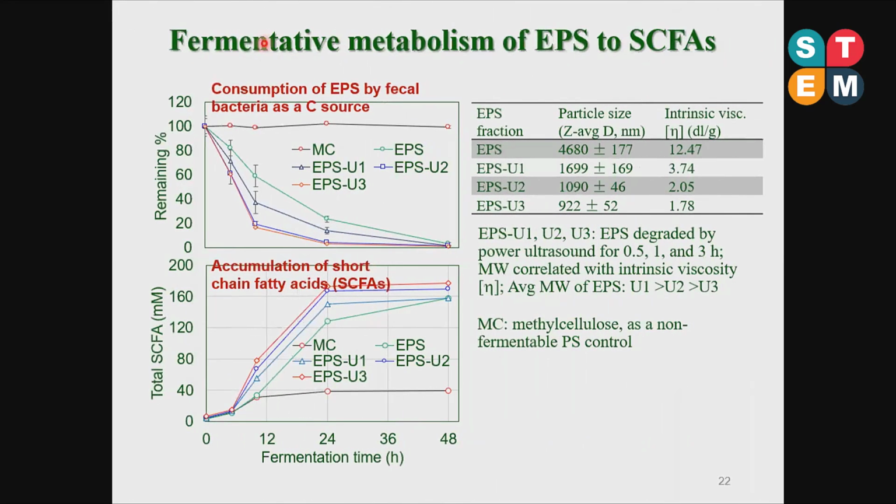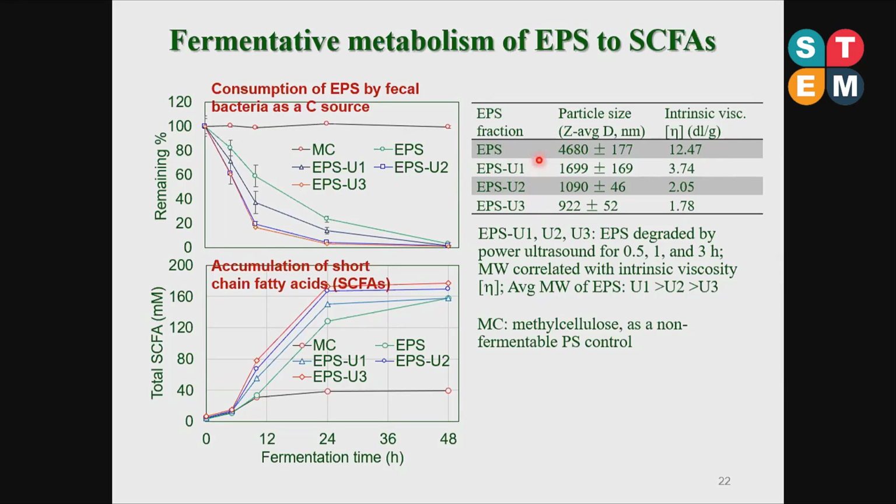So in another study we looked at the metabolism of EPS. The results show that we used different polysaccharide fractions. This is the EPS, the original native EPS isolated from the fermentation broth, with its intrinsic viscosity, which correlates to the molecular weight.